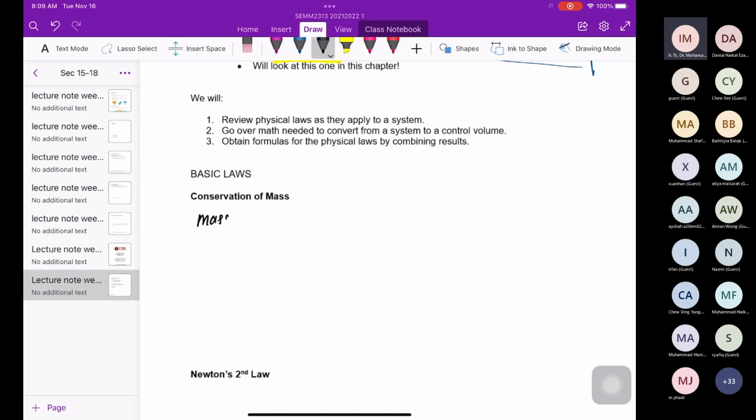Okay, the mass of a system is conserved and doesn't change with time.